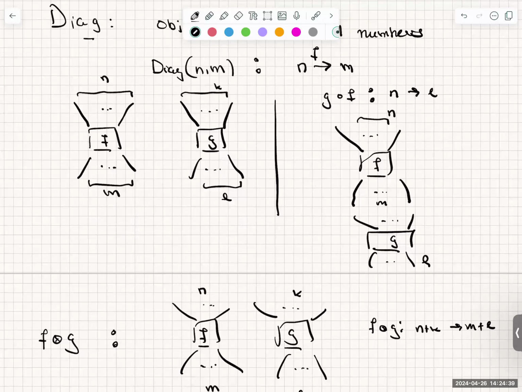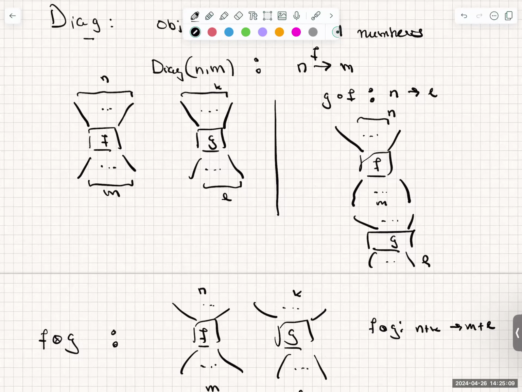I think what you want to say is that a morphism is a graph as defined above whose boundary is n plus m, so to speak. The inputs are the n ones and the outputs are the m ones.